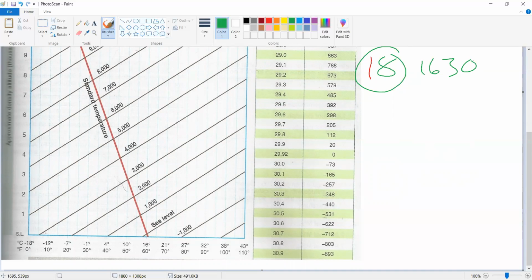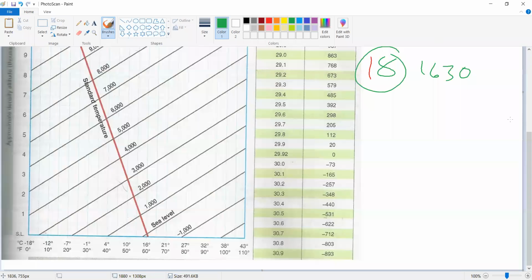Now we have 1380. So I said 1630. So the book is using interpolation, but it's kind of confusing, but we know it's going to be maybe around 1620. But all we're doing is adding.